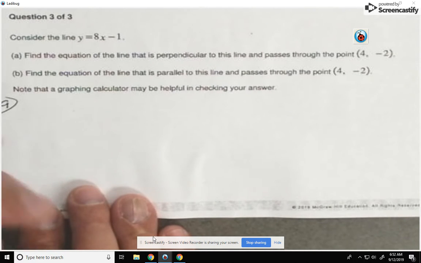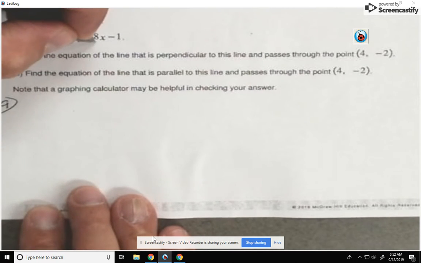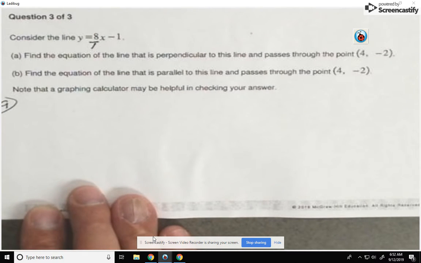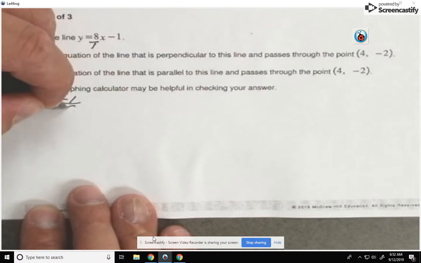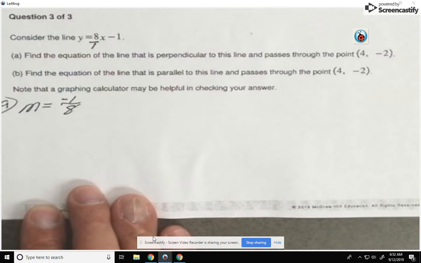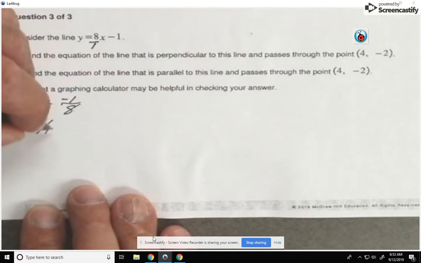Okay, so if we go back to our equation, the slope is 8. Again, it's an integer, so we can put it over 1. So now, to find our perpendicular slope, we flip it and change the sign, so we get negative 1 over 8. From here, we're going to start by using our point-slope form of y minus y1 equals m(x minus x1).